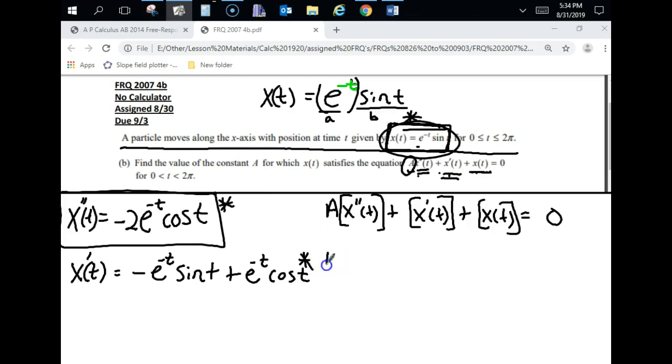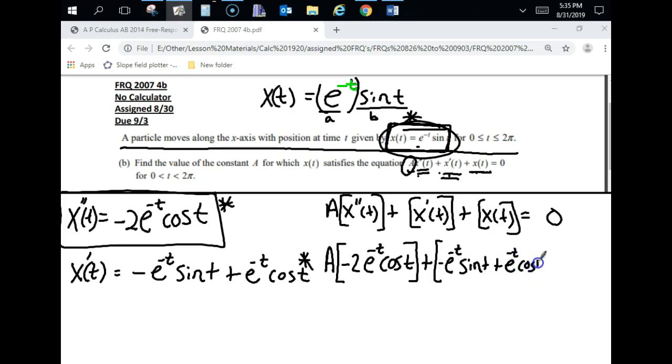And here's what we should have got. So a, and in brackets here I'm going to have -2 e to the negative t cosine t plus x prime. I'm going to have this whole thing here and then plus x of t, which is up here.